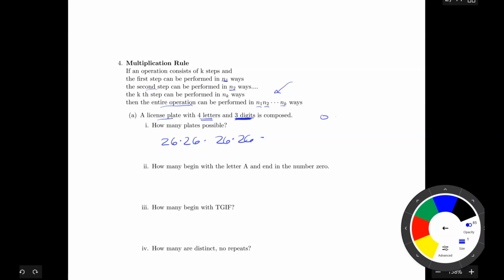There's 0 to 9, because we're just talking single digits. So how many numbers are there from 0 to 9? 9 minus 0 plus 1, so there's 10. So I've got 3 digits, so 10 times 10 times 10. 26 to the 4th, 10 to the 3rd power. Do not multiply that out. I don't want big numbers. This is what I'd like to see.